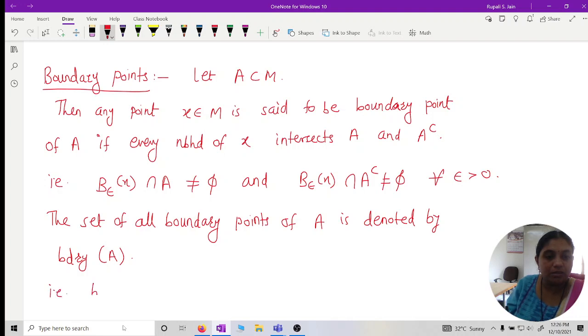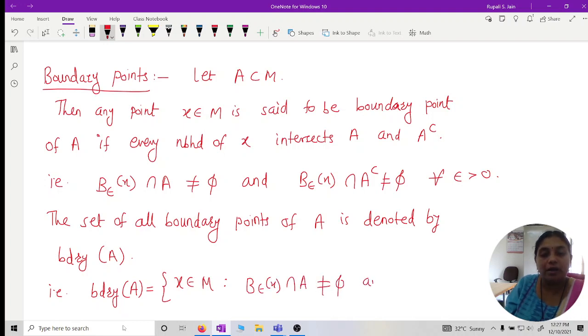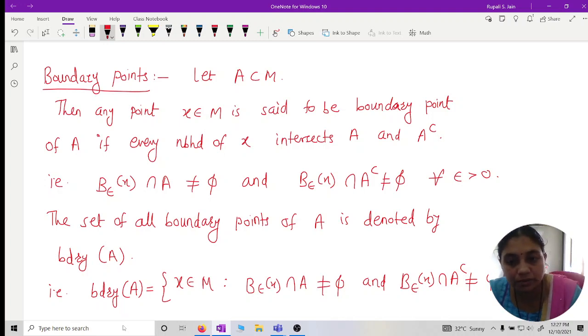That is, bdry of A, the boundary points of A, is nothing but the set of all x in M such that B epsilon of X intersection A is non-empty and B epsilon of X intersection A complement is also non-empty for every epsilon greater than 0. Can you see the full screen, whatever I am writing? Yes, ma'am. Okay.